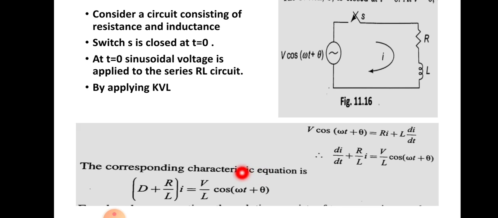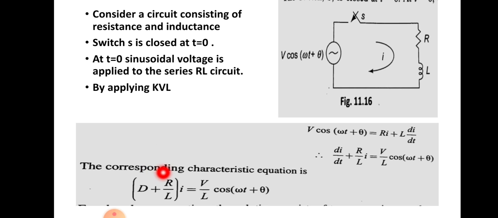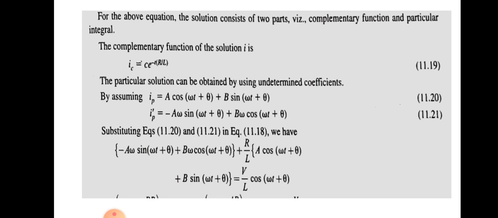This is the equation. You might have studied in mathematics the solution of this type of differential equation. The solution will have two parts: a complementary function and a particular integral, or particular solution. The complementary function can be simply written as IC equal to C into e raised to minus t into R/L, which we studied in the previous classes where we analyzed the series RLC circuit.